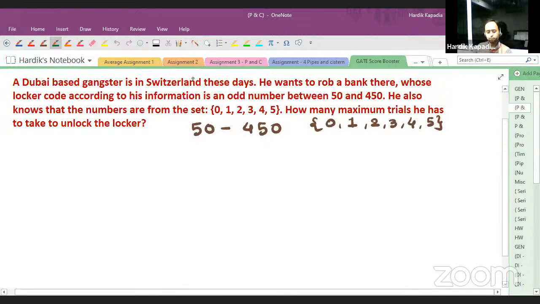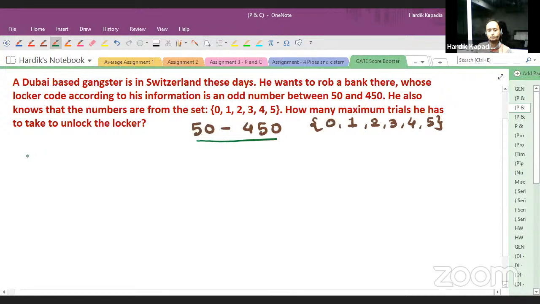So now we have one limitation, that the answer should be between 50 to 450, and we can use only the digits 0, 1, 2, 3, 4, and 5. So now we need to divide it in three sets.